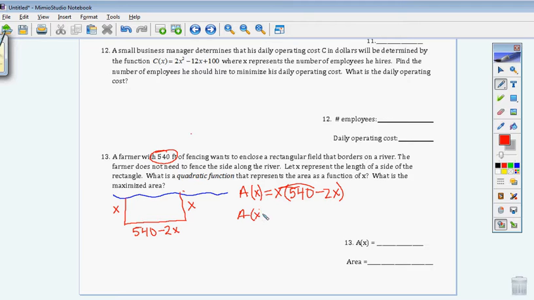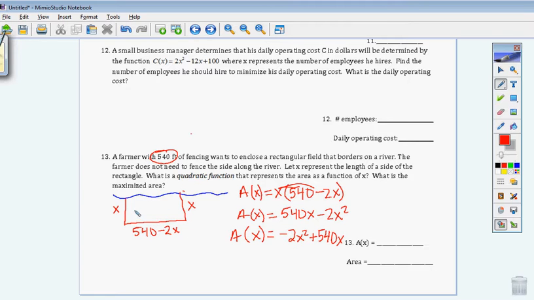So the area in terms of x will be equivalent to 540x minus 2x squared. I like to think about it more in standard form, which is negative 2x squared plus 540x.